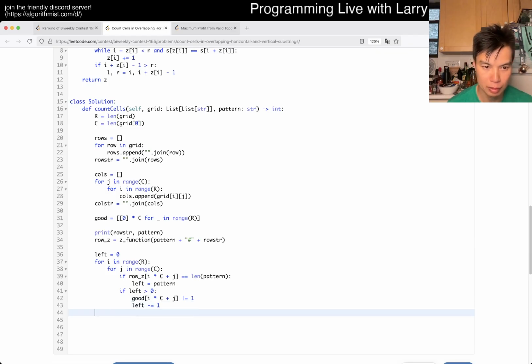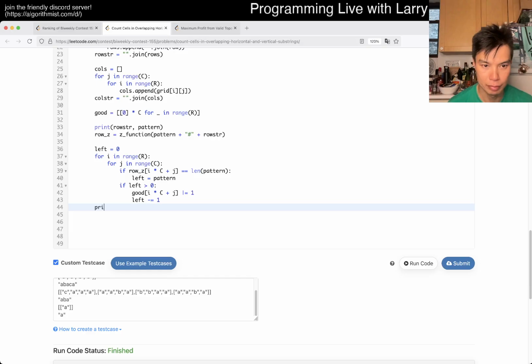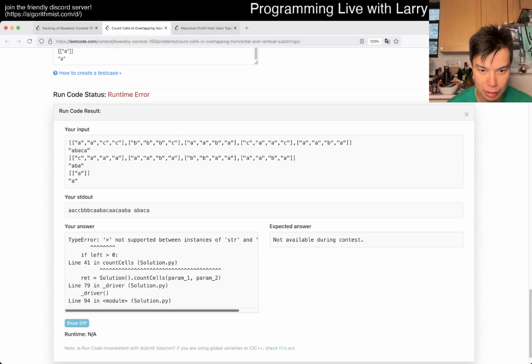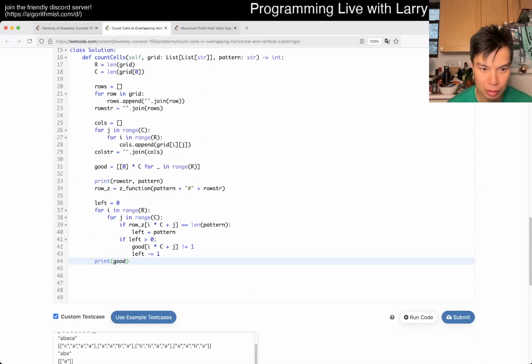Yeah, maybe that's fine, right? So this should, whoops, left is equal to 0, left is equal to length of pattern.